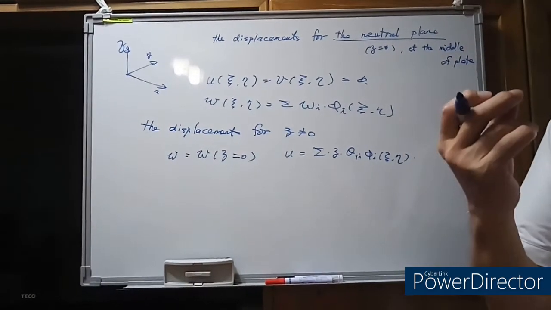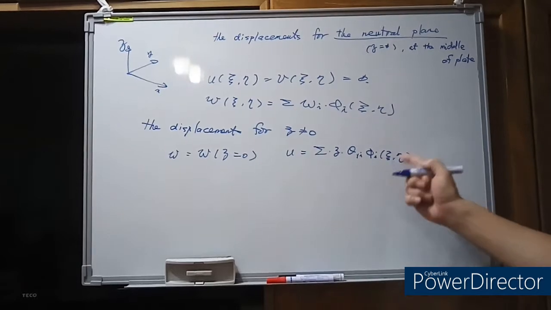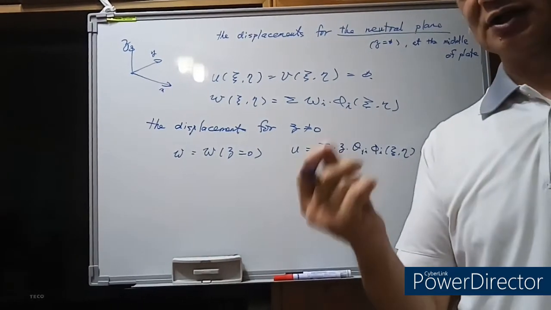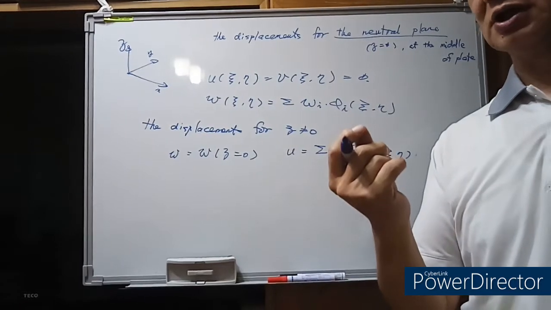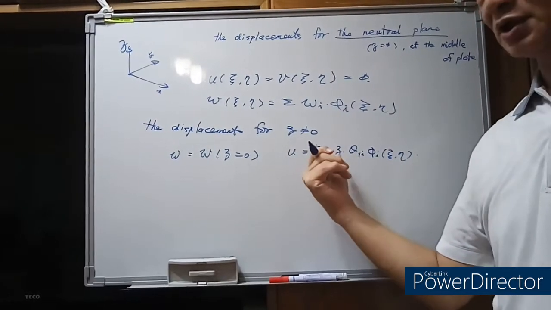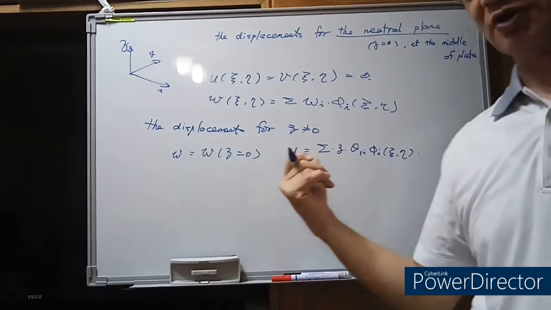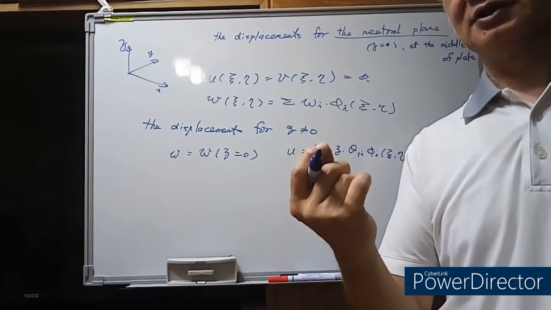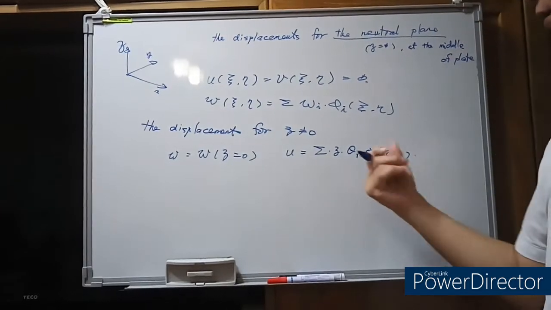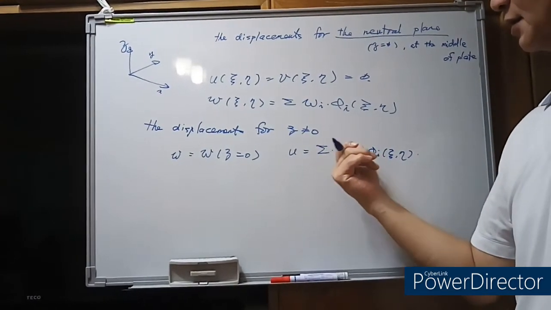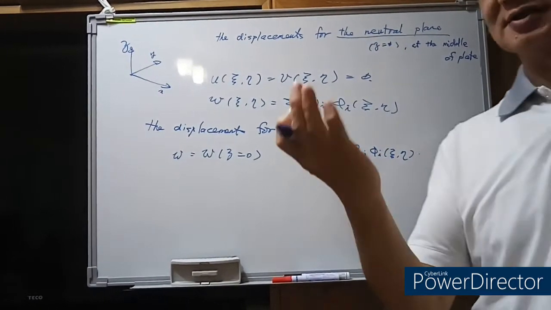So in this case, for any xi and eta, for any point in the masked element, we can use the assumed theta yi and the shape functions to get the theta y for the considered point. Then we need to multiply the theta y by the z values.